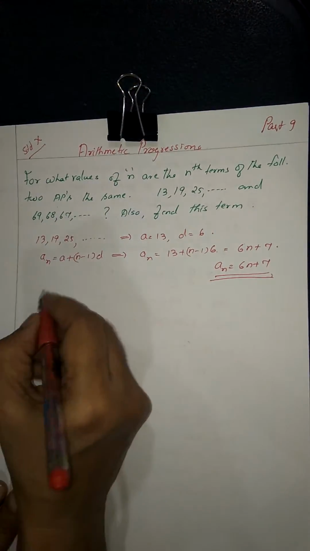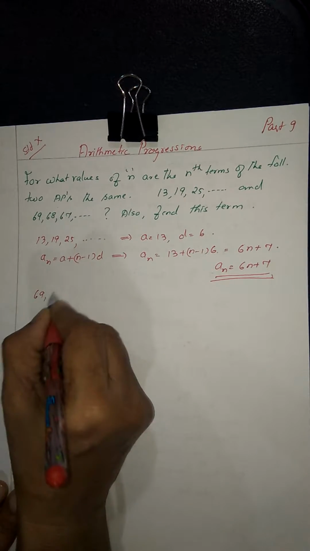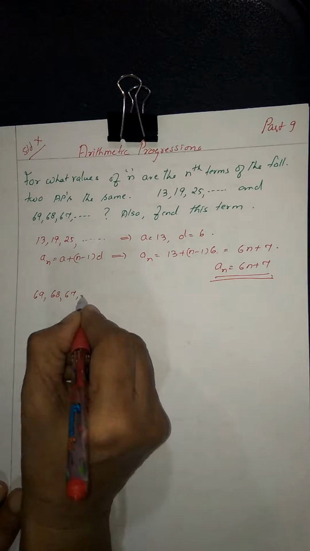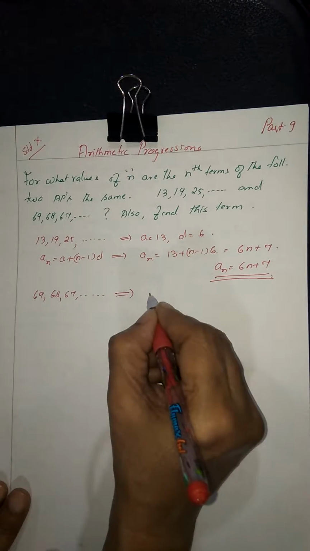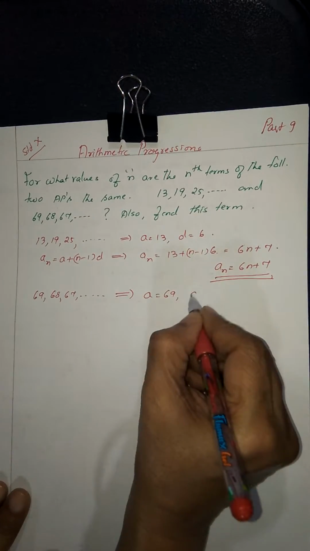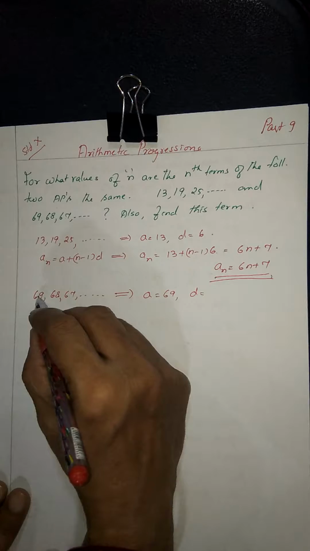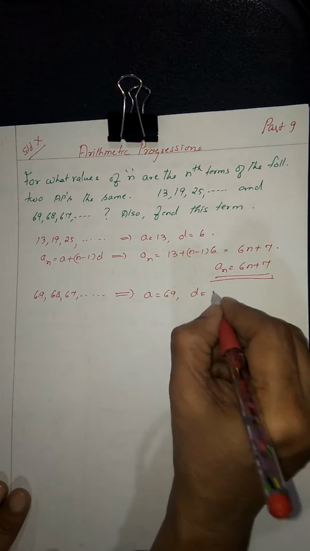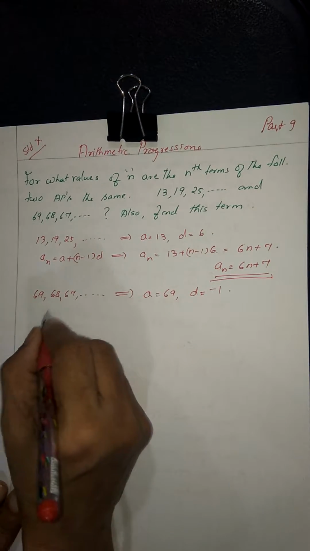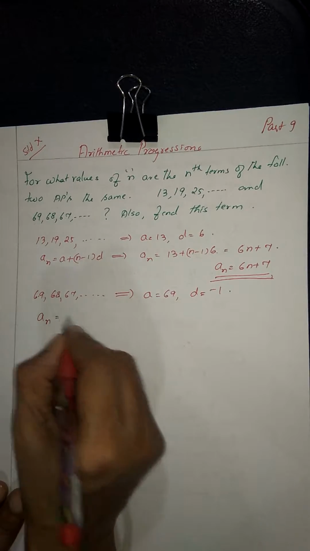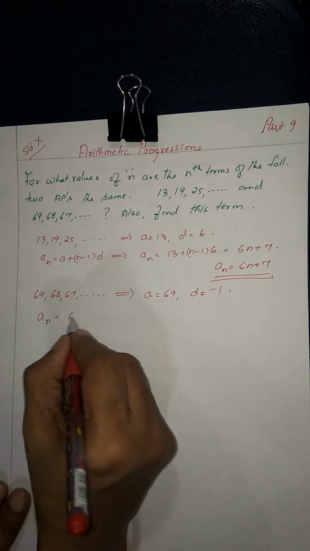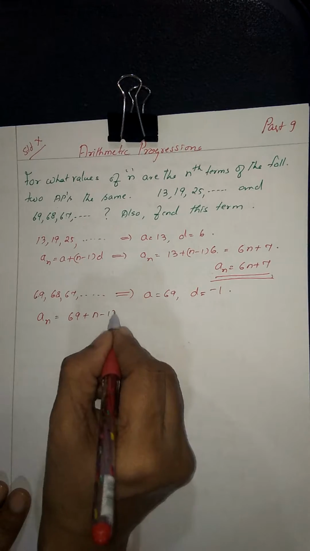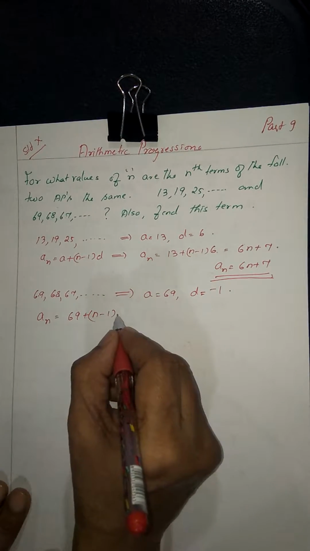Now we'll take the second series, 69, 68, 67, etc. You get A is equal to 69 and D is equal to 68 minus 69, so D is equal to minus 1. Similarly, an is equal to 69 plus n minus 1 into minus 1.